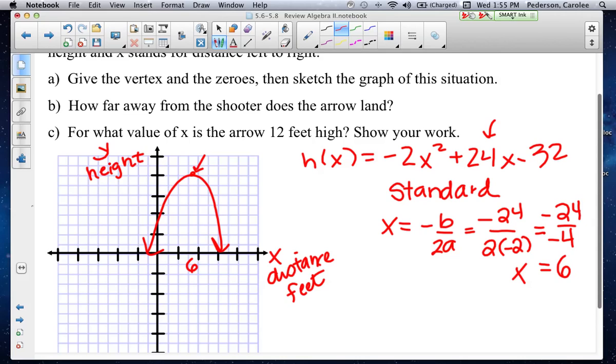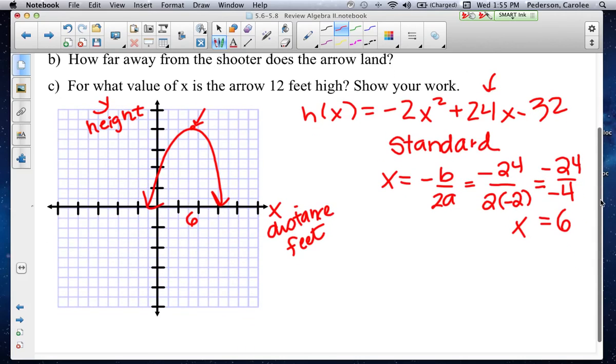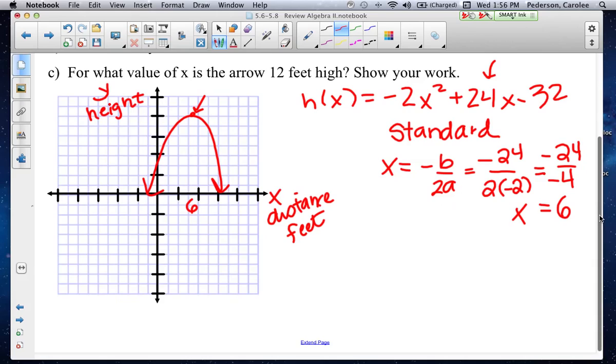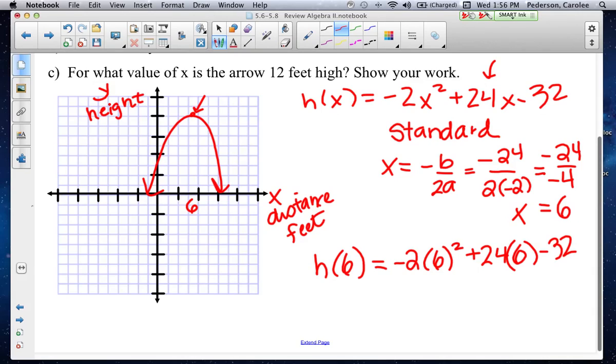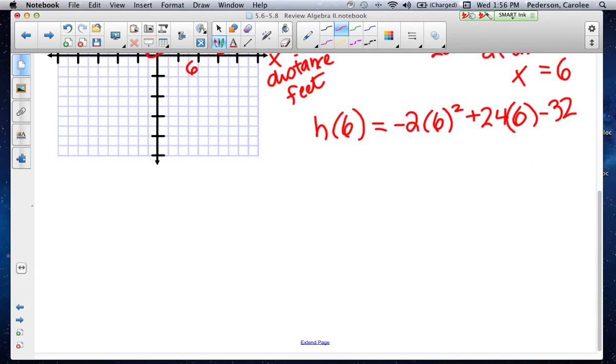You just plug in the number. Just evaluate the function at 6. So I'd say h of 6 is negative 2 times 6 squared, plus 24 times 6, minus 32. Calculator probably is needed here. Careful on your multiplying.